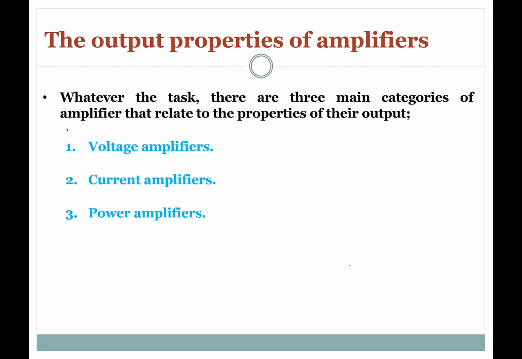As we recall from our previous lectures in Electronics 1, we calculated gain in terms of current, power, and then voltage, which meant that amplifiers would have output properties in terms of voltage, current, and power. So there are three main categories of amplifiers that relate to the properties of their output, and these are basically voltage amplifiers, current amplifiers, and then power amplifiers.